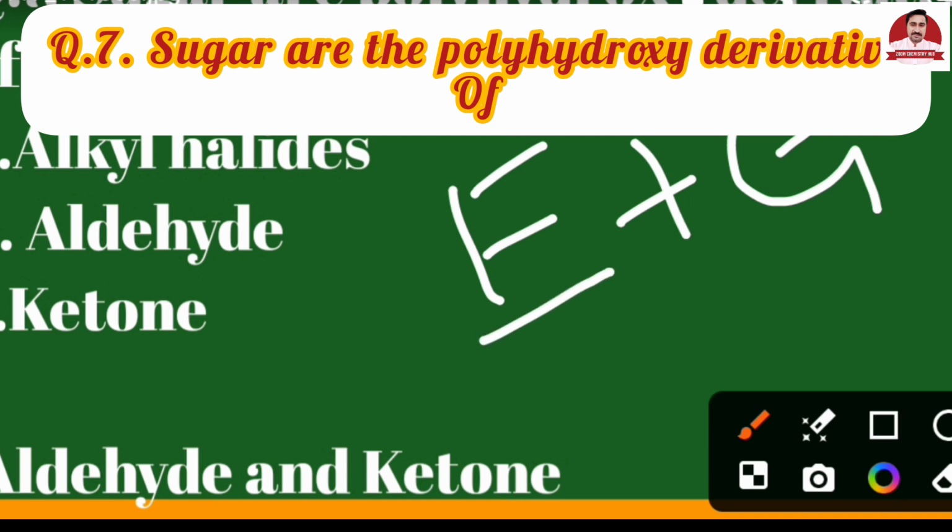Fructose contains a keto group and glucose contains an aldehyde group. So sugars are the polyhydroxy derivatives of aldehyde and ketone. So option D is correct.